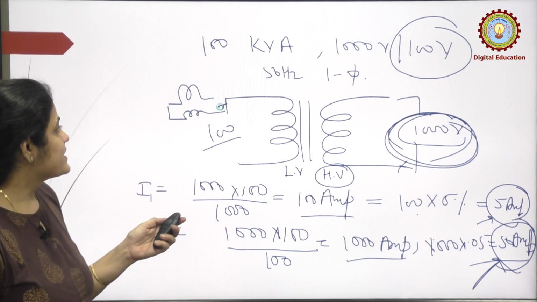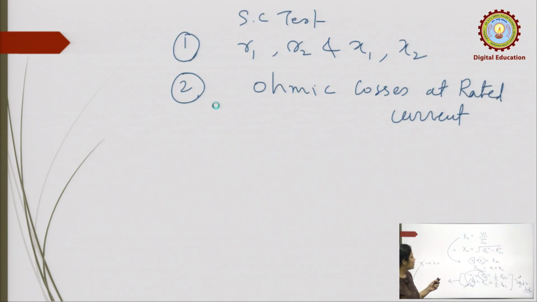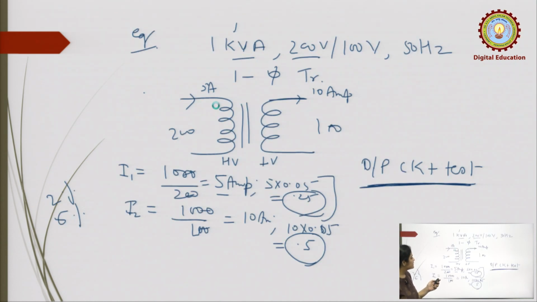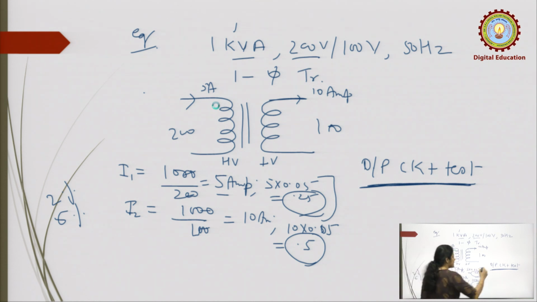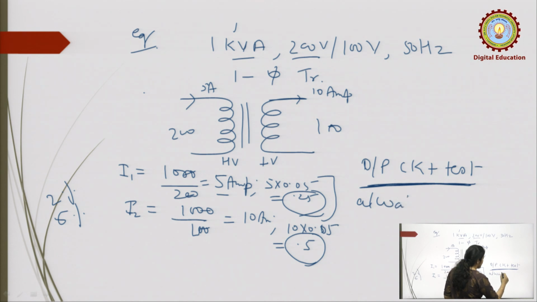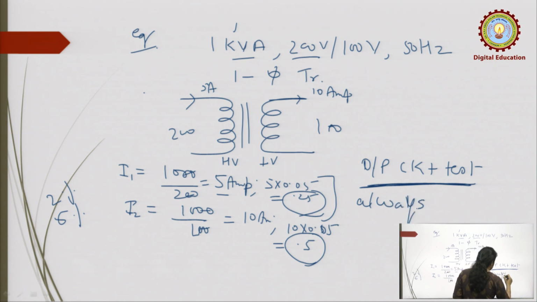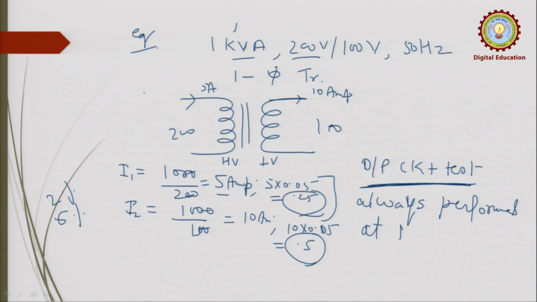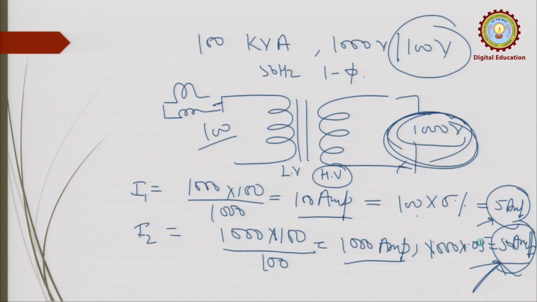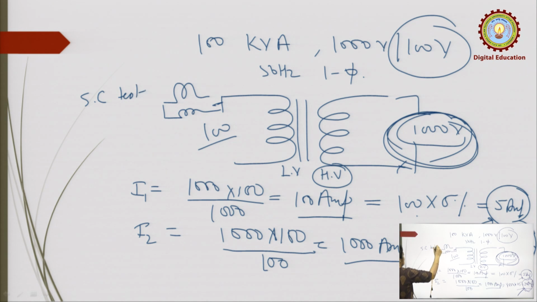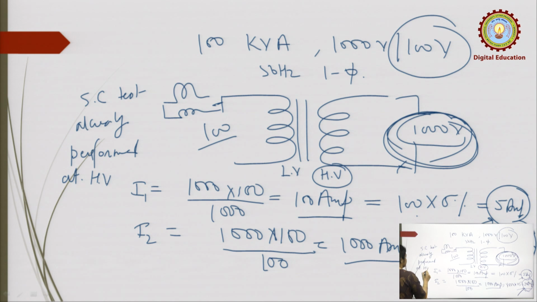The open circuit test is always performed on the low voltage side, and the short circuit test is always performed on the high voltage side, because it carries the rated current.